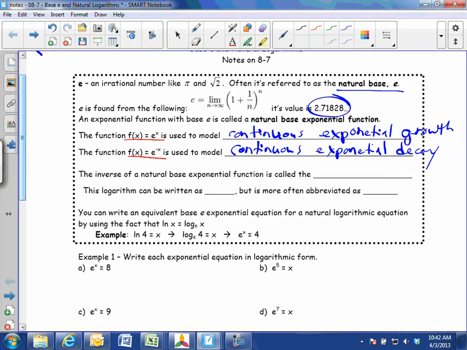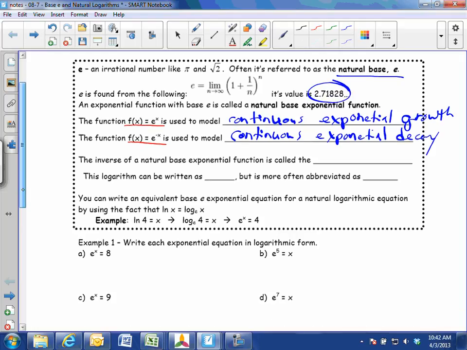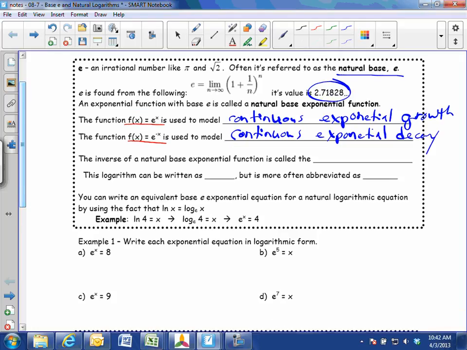Okay, so the inverse of a natural base exponential function is called the natural log or natural logarithm. So this logarithm we can write like we normally see, where we have a log. In this case, instead of a base 10, like we're working with the common logs, it's a base e.